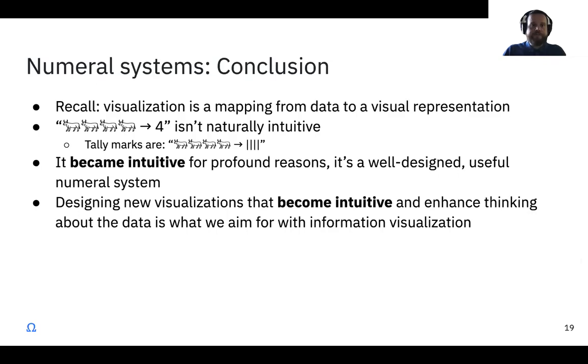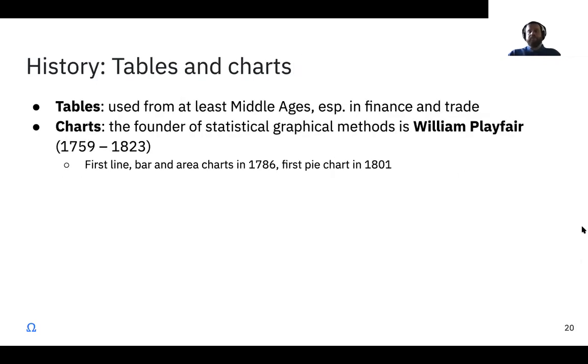Let's move on through the ages. Another visualization that is commonly used and often not even thought of as visualization is tables and charts. Tables have been used since at least the Middle Ages, especially in finance and trade, quite possibly much earlier. We're completely sure that by the Middle Ages there are proven records of people using tables extensively, so those are a very old visualization technique.